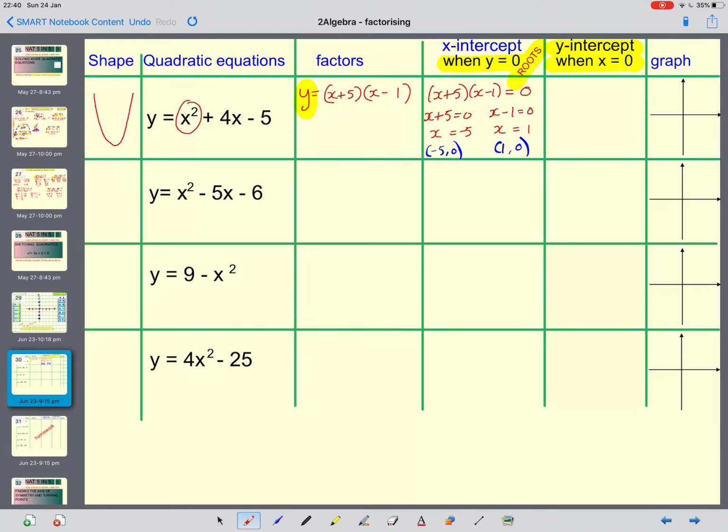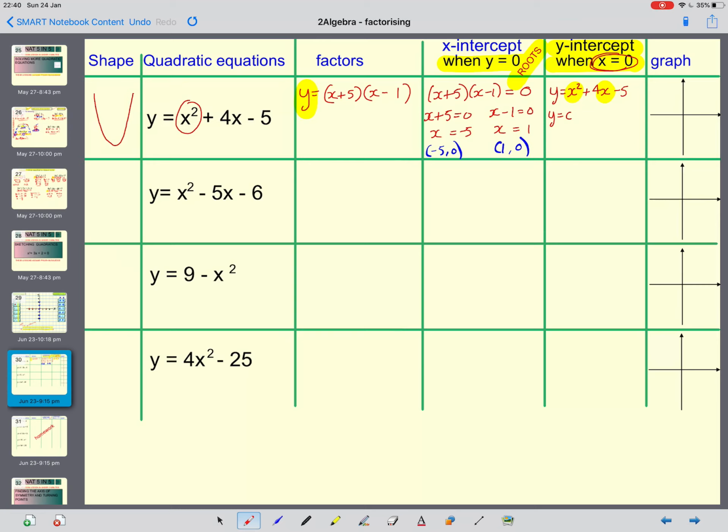Now if I just write the original quadratic equation out, which is y equals x squared, add 4x, take away 5, you're now considering the y-intercept when x is 0. So whenever you see an x, which is here and here, you're going to replace it with 0.